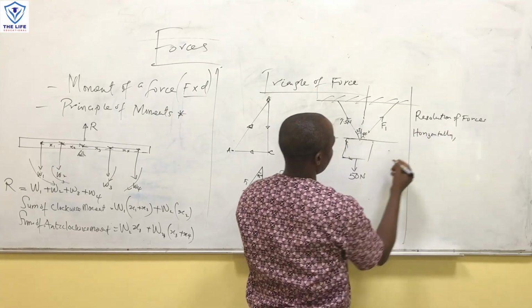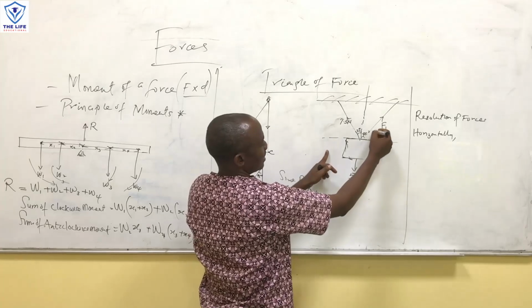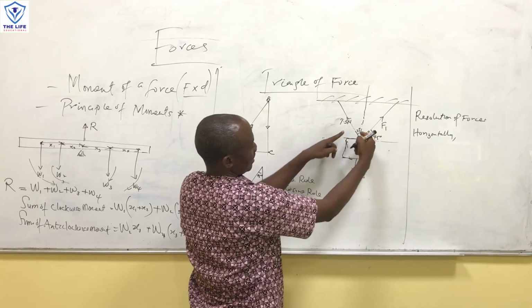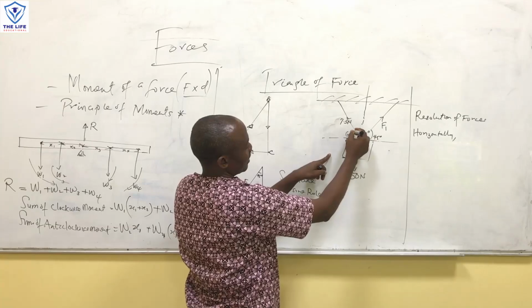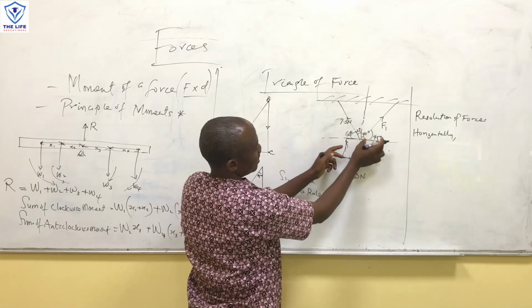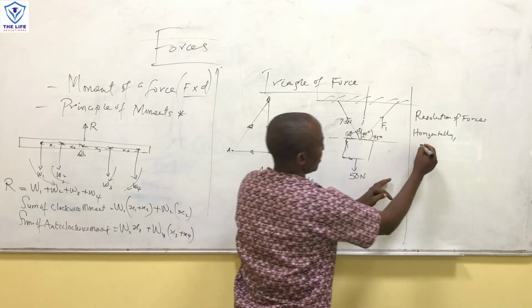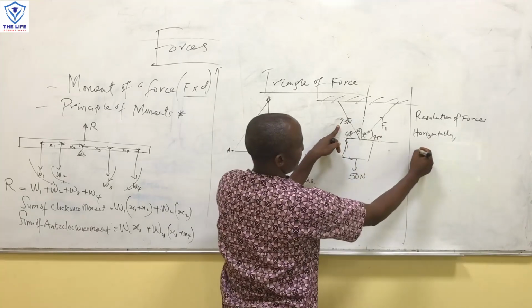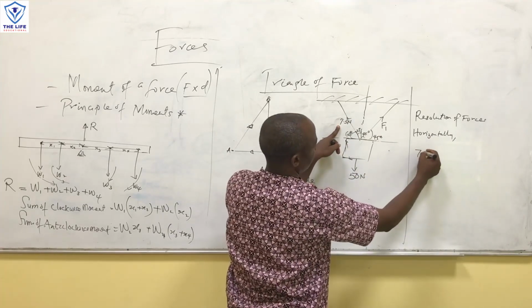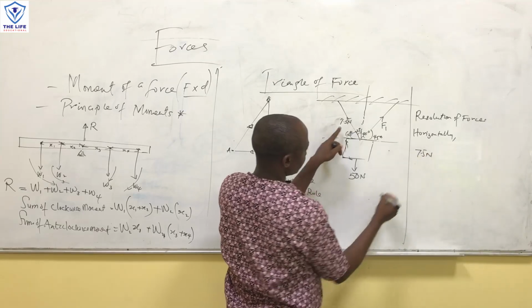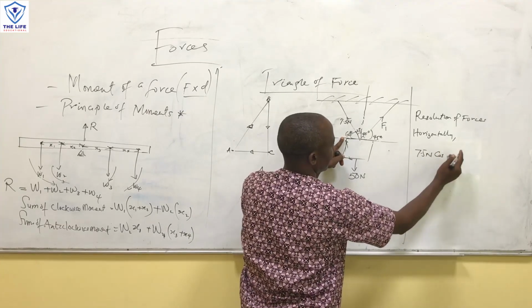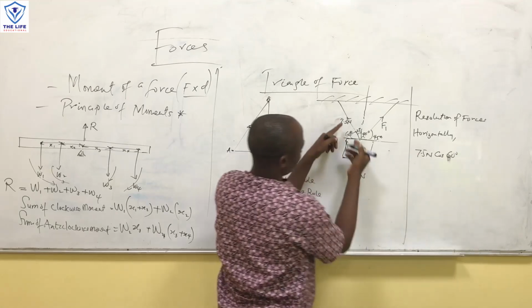If we resolve horizontally, what do we do? This is 45 degrees, this must be 45 degrees. This is 30, this must be 60, because the addition of these two gives 90. So if we resolve horizontally, I'm going to have 7.5 Newton cos 60 degrees, because I'm resolving horizontally.